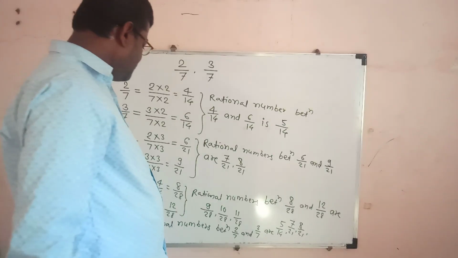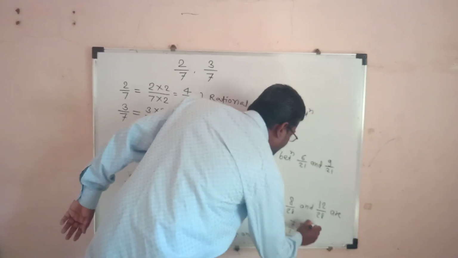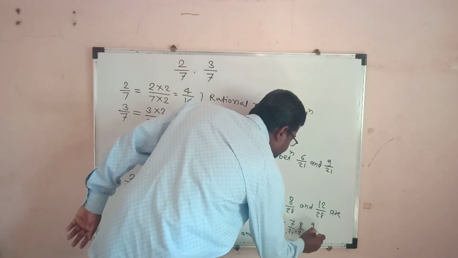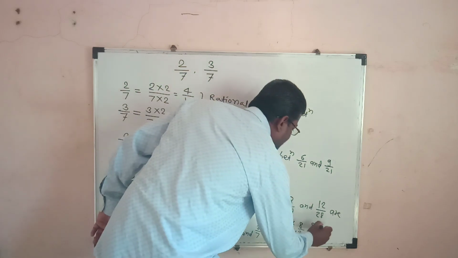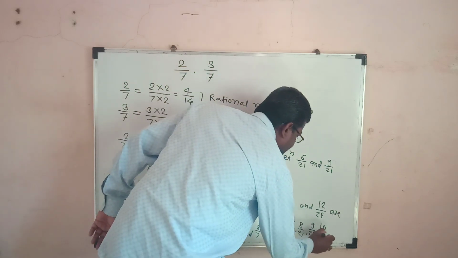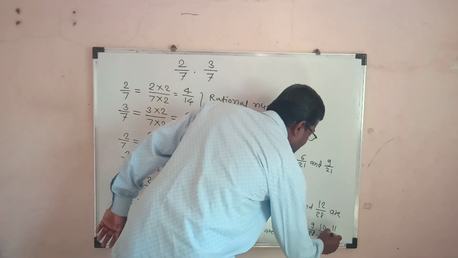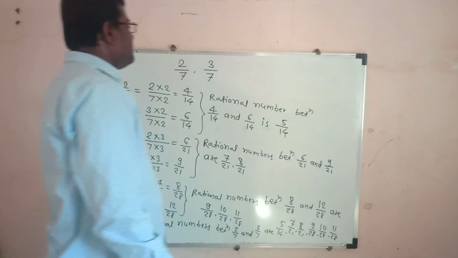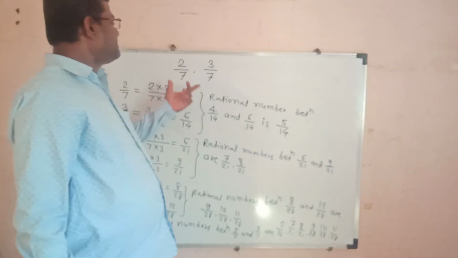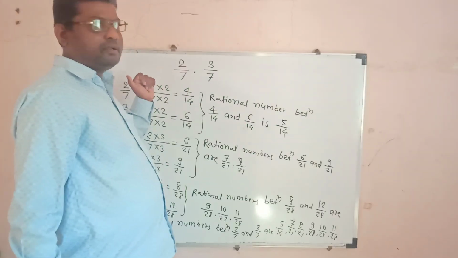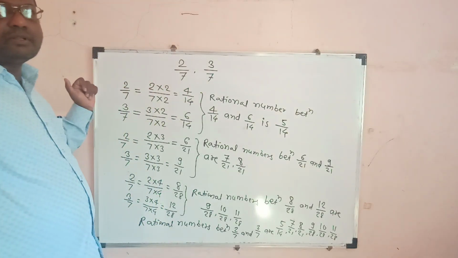And here are three numbers, 9 upon 28, 10 upon 28 and 11 upon 28. Thus we can find infinite rational numbers between any two rational numbers.